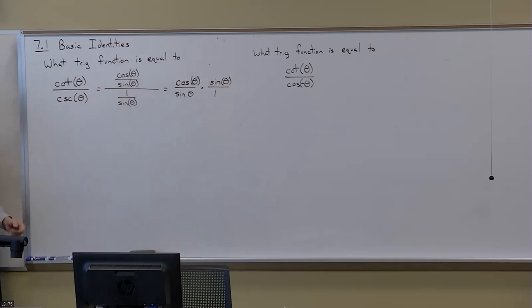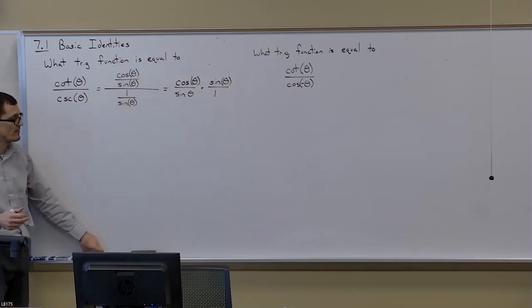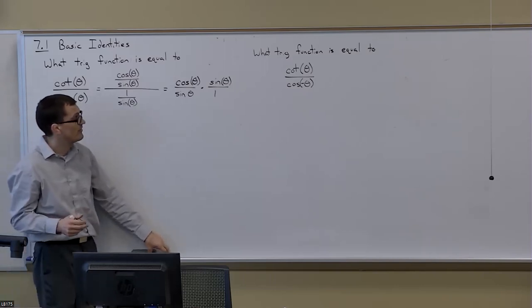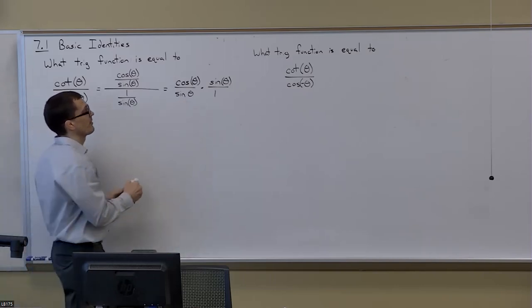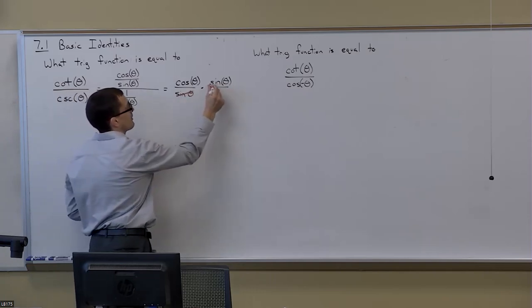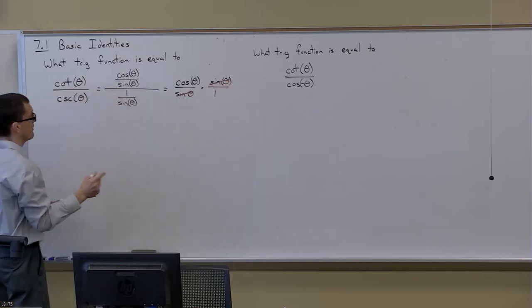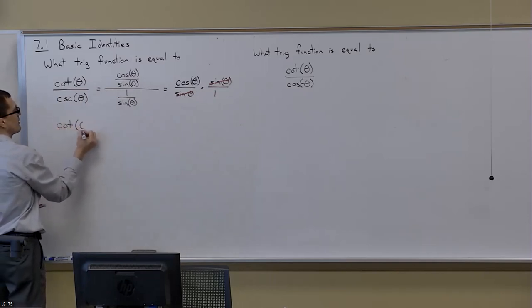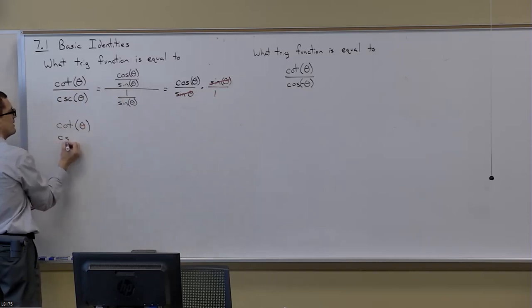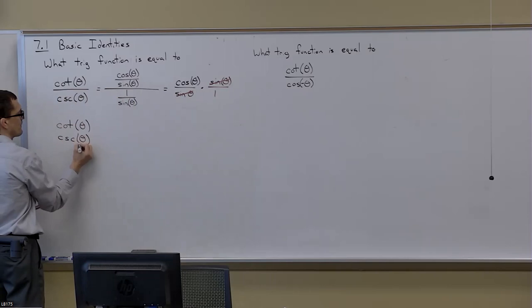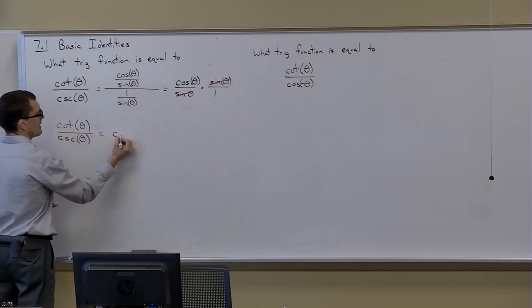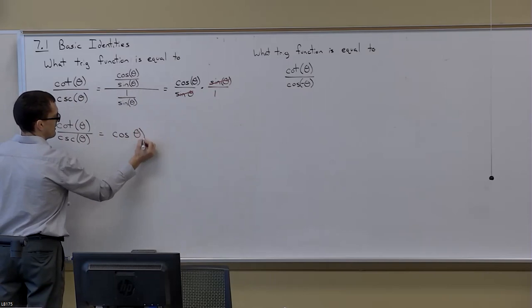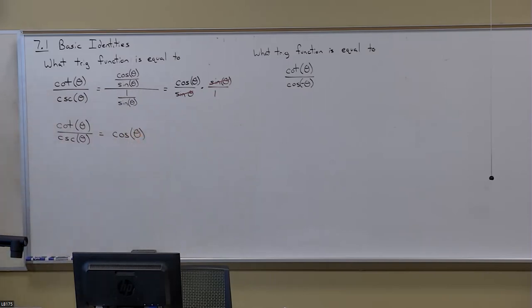If I multiply by the reciprocal, the sine in the denominator and the sine in the numerator are going to cancel each other out. And I end up figuring out that if you take cotangent and divide by cosecant, what you get is cosine of theta. So what trig function is this equal to? This is equal to cosine of theta.